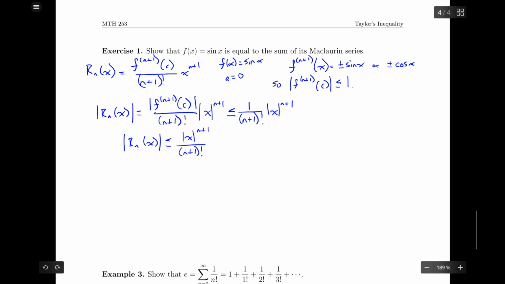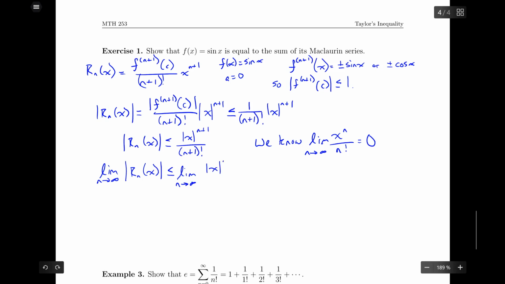Now again, we already know that the limit as n approaches infinity of x to the n over n factorial is 0. So when we take the limit as n approaches infinity of the absolute value of R sub n of x, this is less than or equal to the limit as n approaches infinity of the absolute value of x to the n plus 1 over n plus 1 factorial.